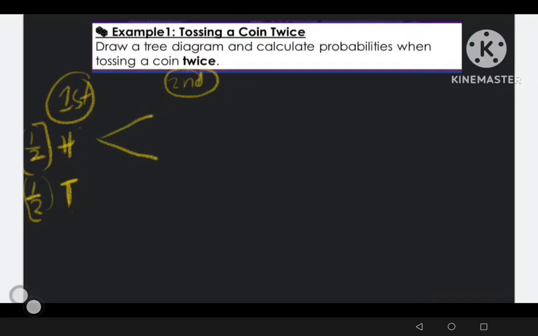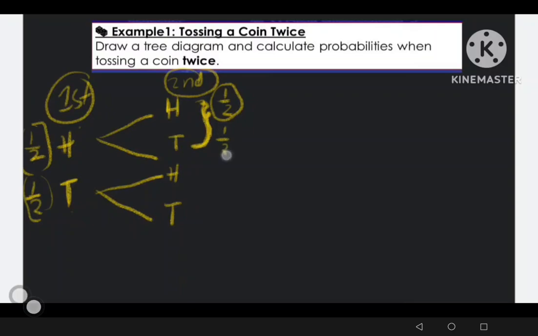The possible results here are head and tail, and the possible results here are head and tail. Same process. Let's focus first on the two outcomes in the head area. What is the probability of getting a head in the second toss? Since there are two outcomes, we have 1/2. What's the probability of getting a tail in the second toss?